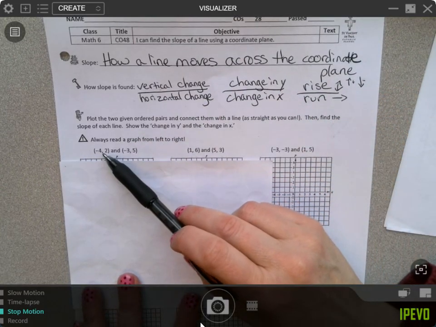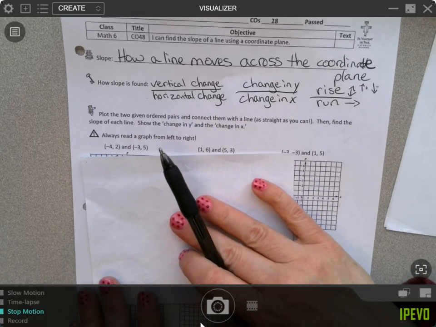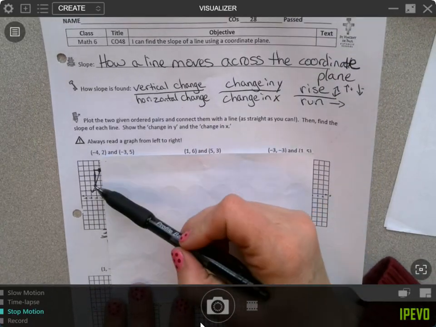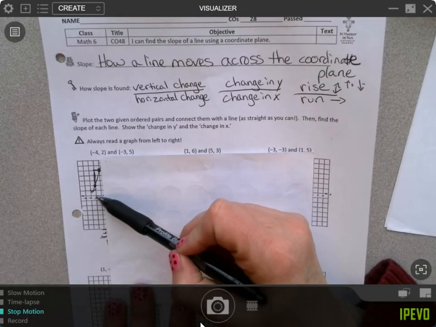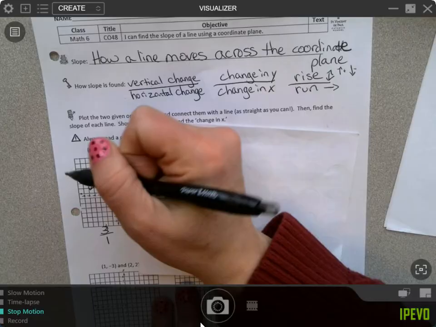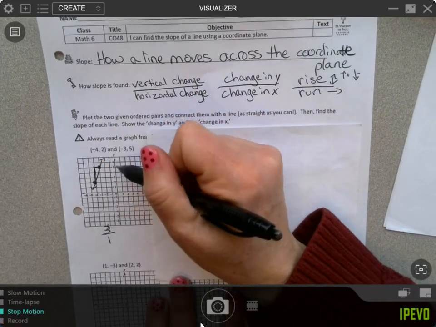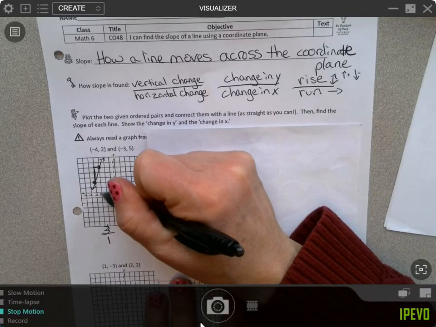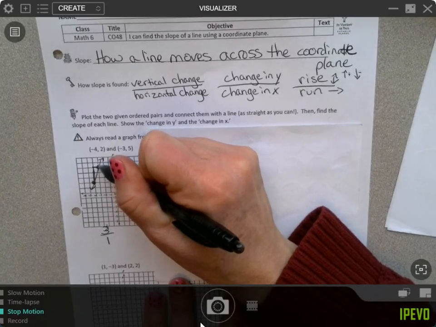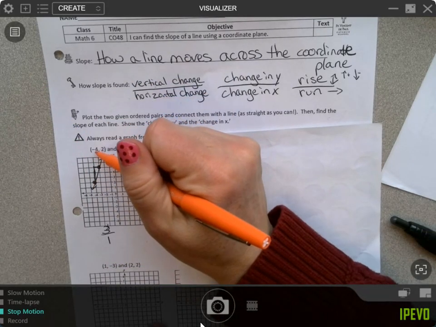So our first 2 points that we're going to plot is -4, 2. So we go out to that -4 up to the +2. So that's our first plot. Then we have -3, +5. So you're plotting your 2 points. -4, 2.